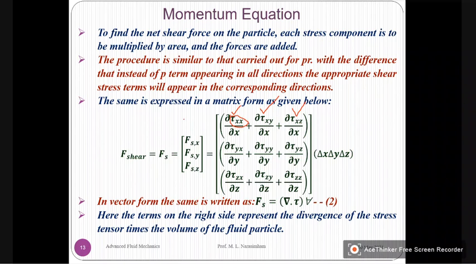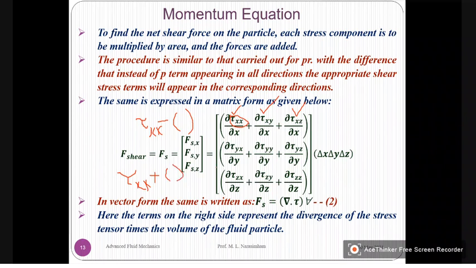At the inner surface it will be tau xx minus something, and at the outer face it will be tau xx plus something.